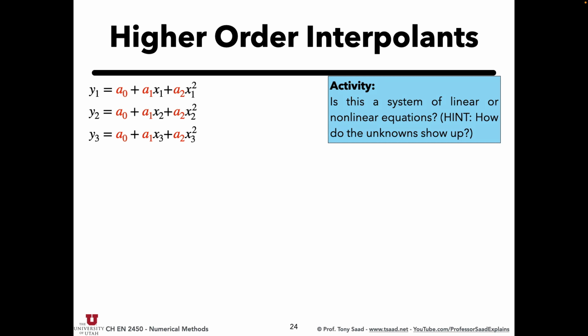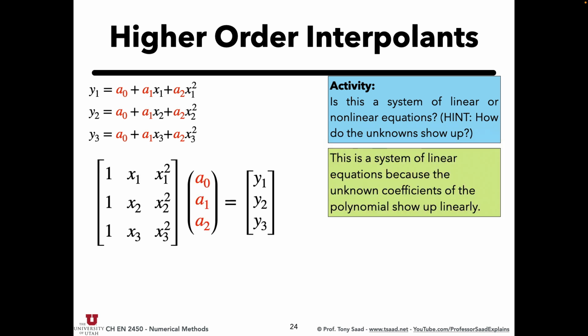For all I know, they're going to be given to us. In this problem, the unknowns are a0, a1, a2, and they show up linearly. So indeed, this is a system of linear equations. Just the same way that with a straight line, we had two equations, two unknowns, linear. For a quadratic, you have also a system of three equations, three unknowns that are linear.